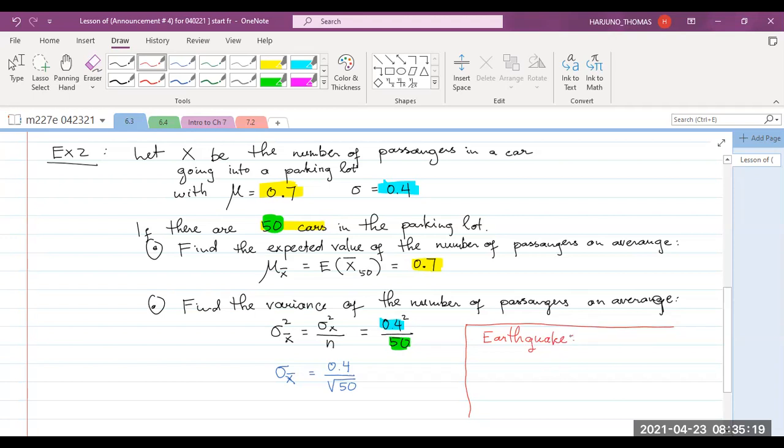But suppose it happens. Because the earthquake happened, how many people do we need to find?